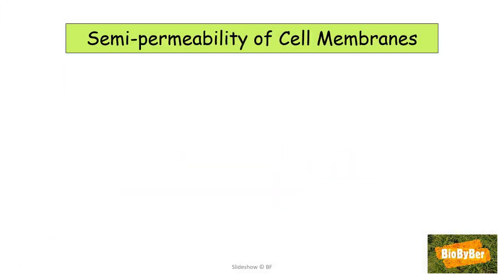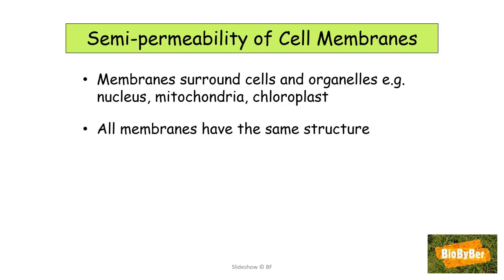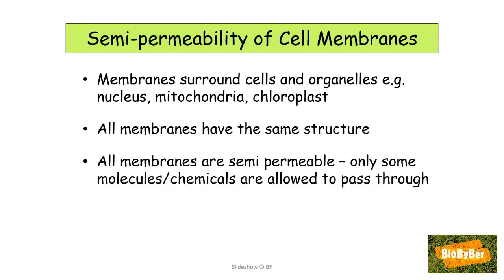Therefore, to summarize, membranes surround cells and organelles like the nucleus, mitochondria, and chloroplasts. All membranes have the same structure. All membranes are therefore semi-permeable.